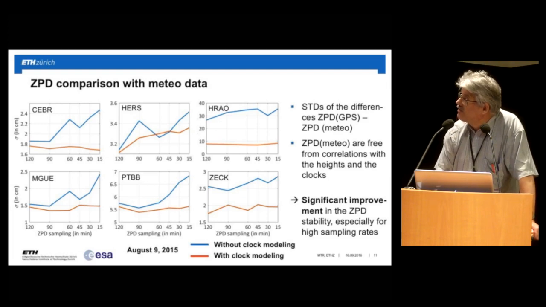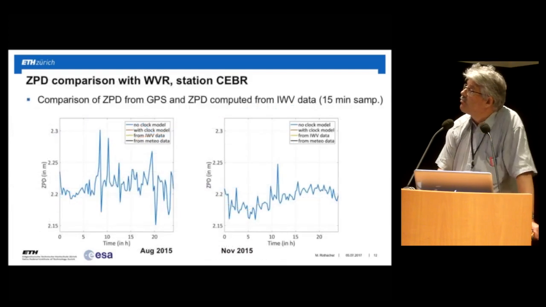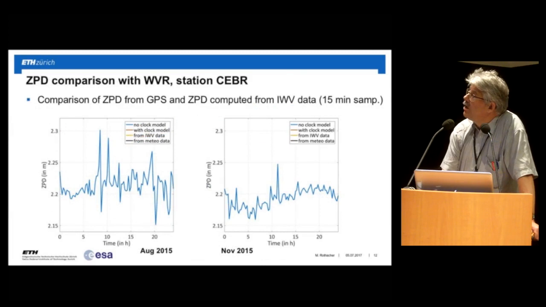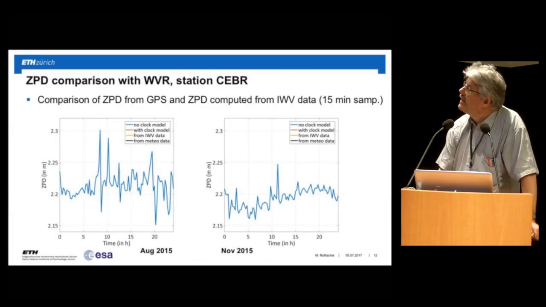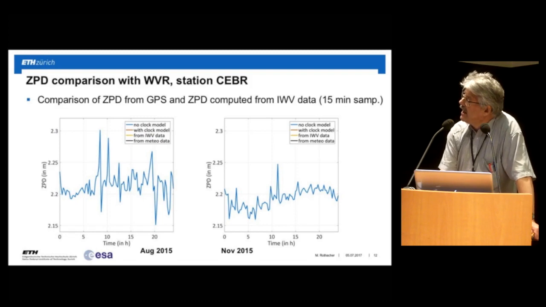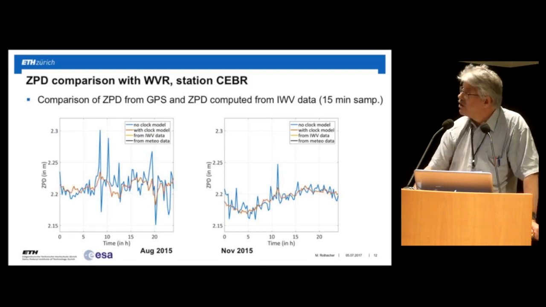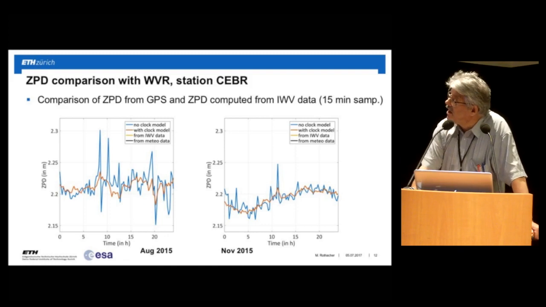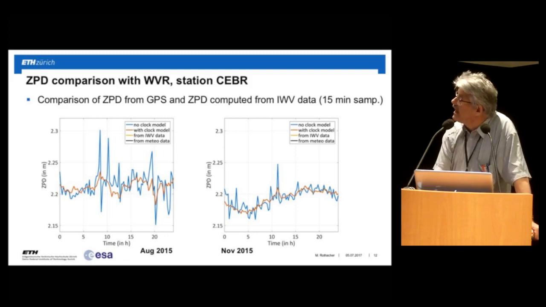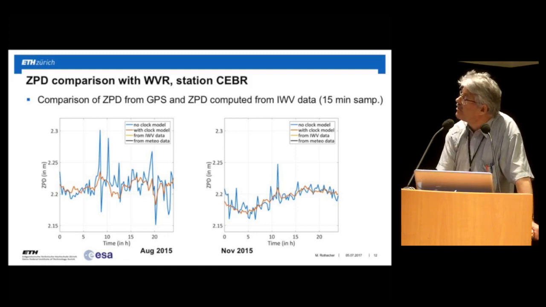In view of the fact that meteo is maybe not the most appropriate thing to use, we looked at water vapor radiometer data here for Seber, and you see the estimates we get when we do no clock modeling. I can now add the clock modeling, and as you see, these correlations are interrupted, so to say, and you get a much smoother behavior.